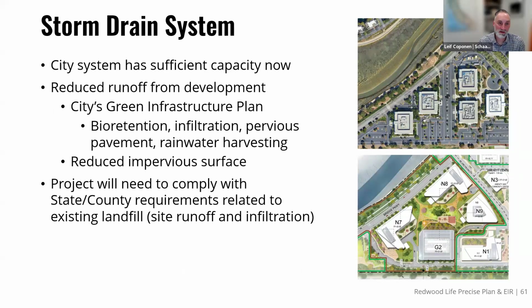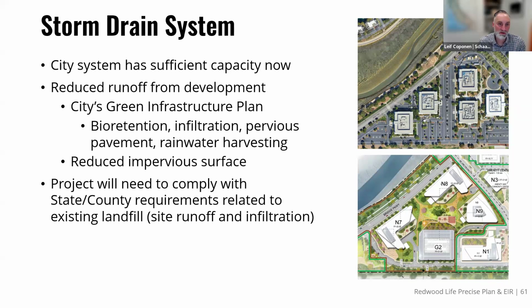For the storm drain system, the city's storm drain system that serves the site has sufficient capacity now. There are no known deficiencies that would impact or be related to the site. In general, the anticipated runoff from the site will be reduced with future development.